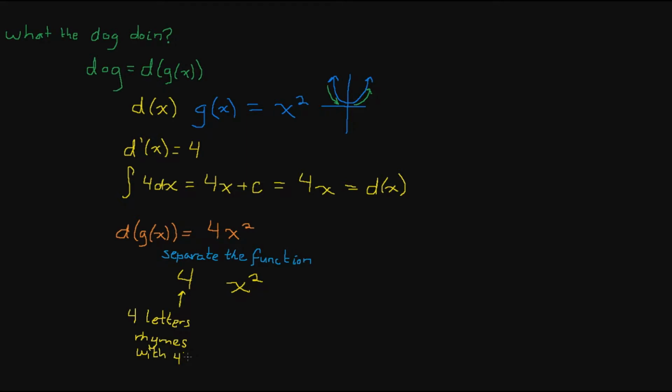X squared is just x times x, or xx. As you might know, xx is also the 23rd chromosomal pair for females.